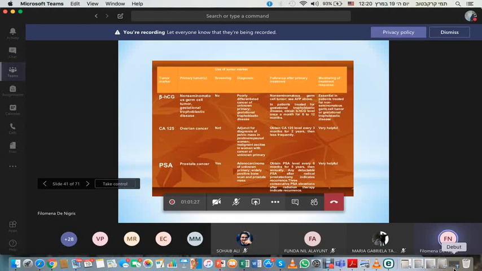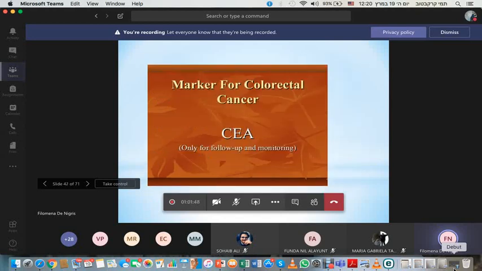We can predict if these patients could have a cancer, but many others are not for screening, but also help diagnosis, and also help us to monitor the therapy. So we need to use them for dynamic monitoring of the disease.